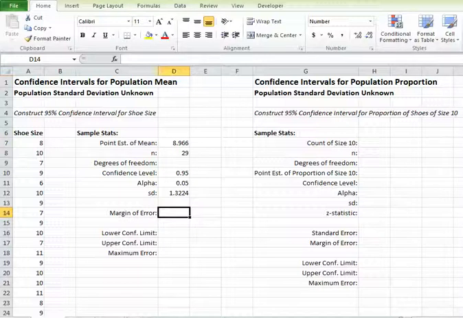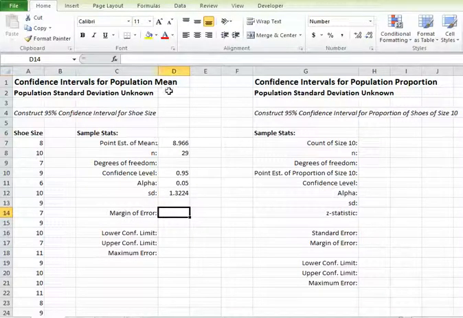And the formula in Excel that you would use to calculate this is the confidence.norm equation. Well, that would be nice if we had population standard deviation, but we don't, and so we can't use that equation. However, we can use one that's very similar to it, and it's the confidence.t equation.